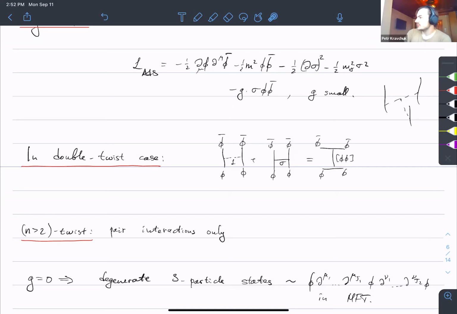I didn't mean eikonalization. I meant exponentiation in the sense that when you include the ladder diagrams. Yeah, that's what I mean by eikonalization. Yeah.